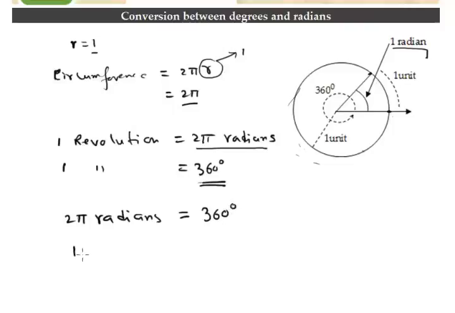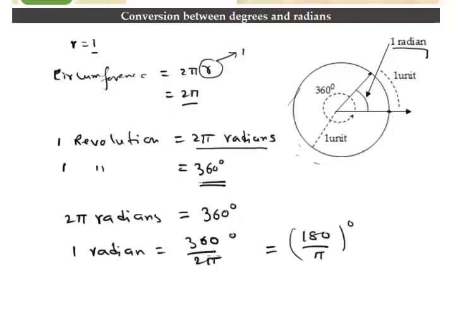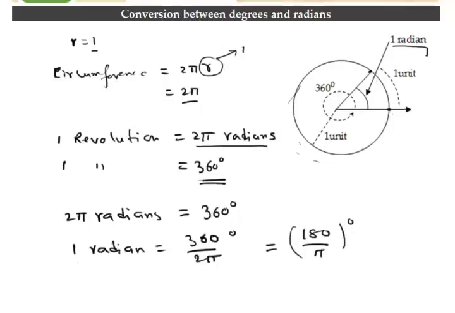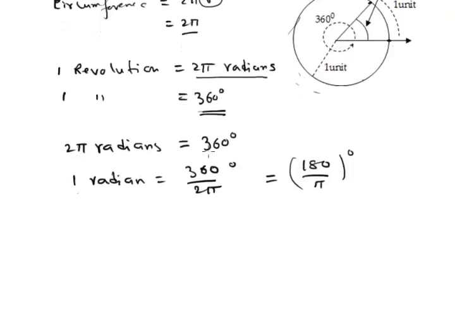Now from here we can find that 1 radian will be 360 divided by 2 pi degrees. If we calculate, it will be 180 divided by pi degrees. So 1 radian is 180 divided by pi degrees. Similarly, we know that 360 degrees equals 2 pi radians.